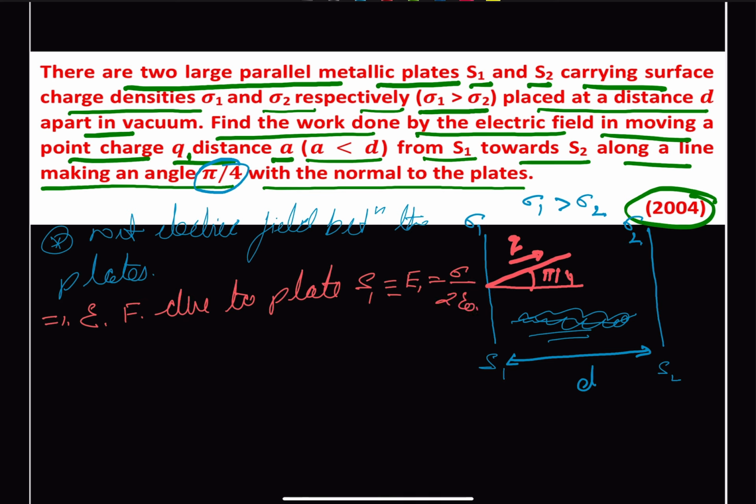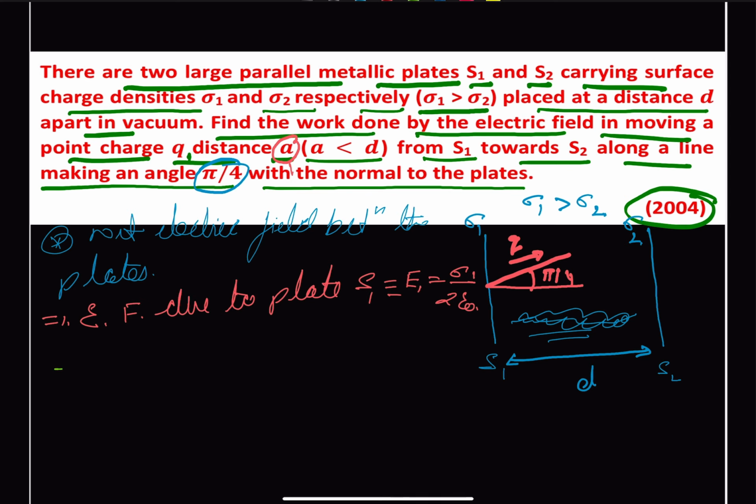We have to remember that for the electric field due to this plate, there is no mention of the distance the charge has been moved, because in the question it is given that it is being moved by a distance of A. So this electric field is not dependent upon the distance, it is only dependent upon the charge density and epsilon naught, which is a constant.